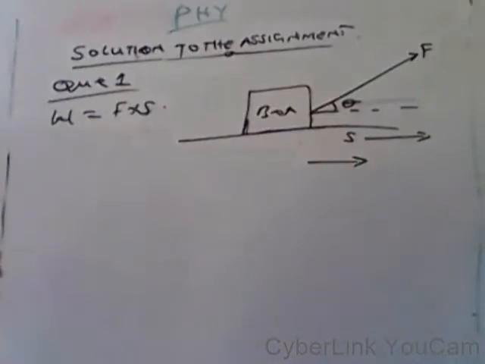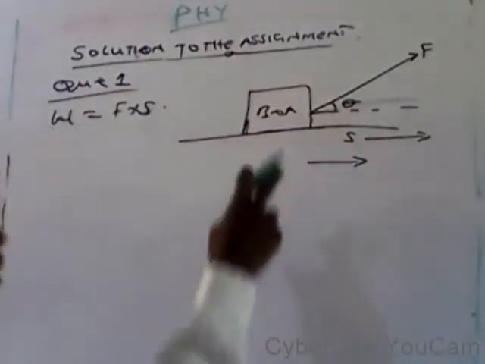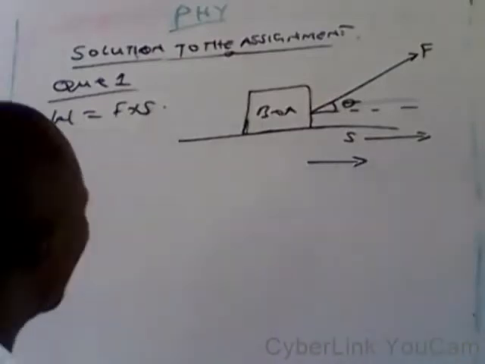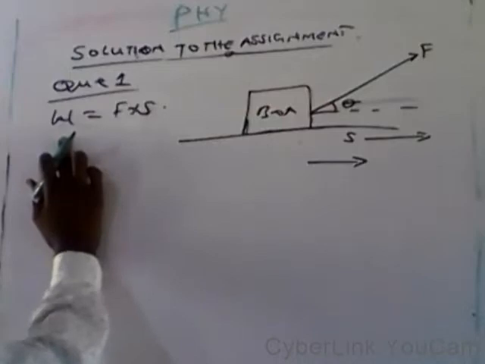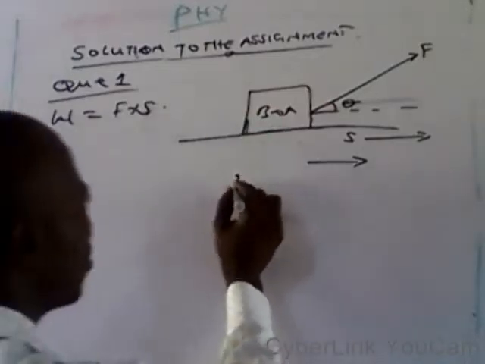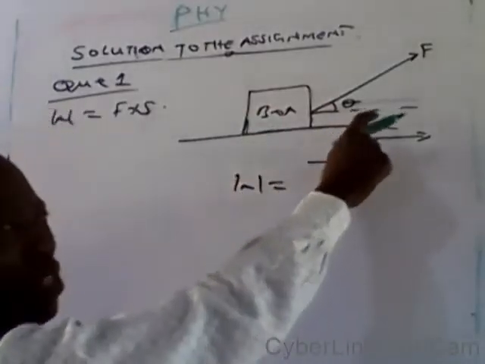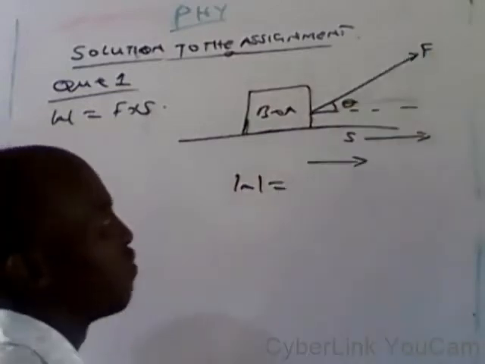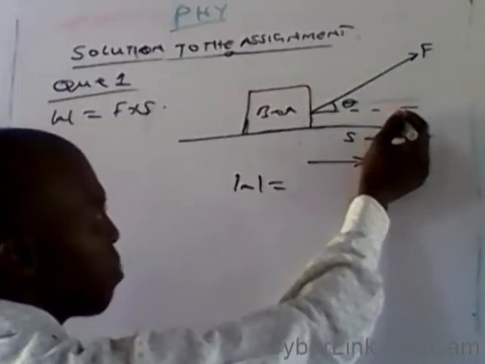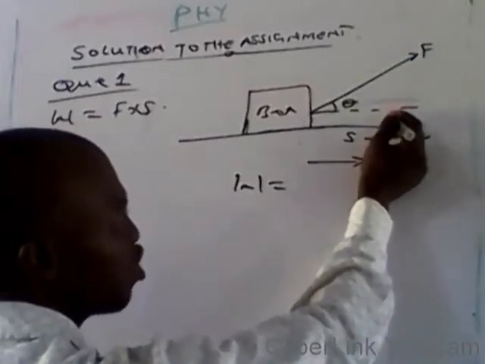So it's possible for us to have the applied force in that manner. By the time we have it in that manner, are you still expecting us to have the same expression for work done in this case? No. Now, how do you find the expression for work done here? The first thing we need to do is to resolve our F with respect to this angle of inclination of the F. We resolve it horizontally.